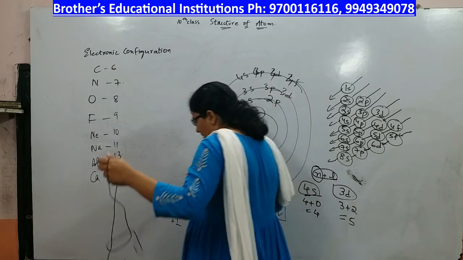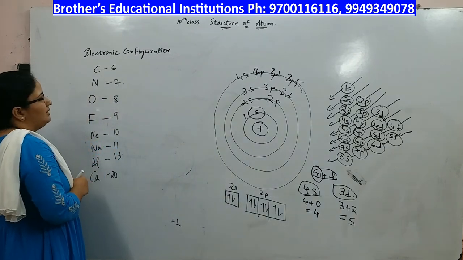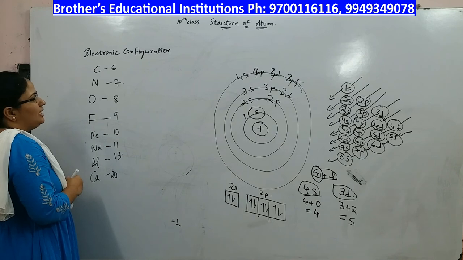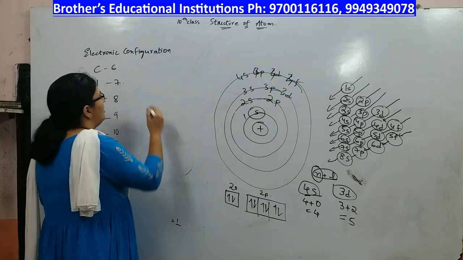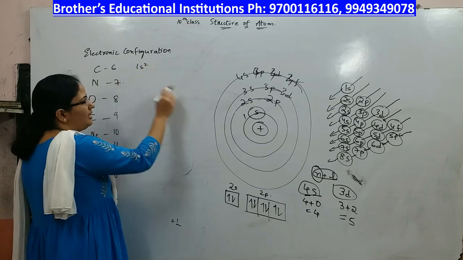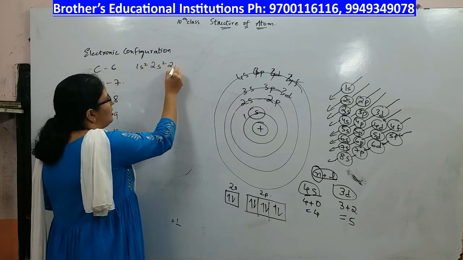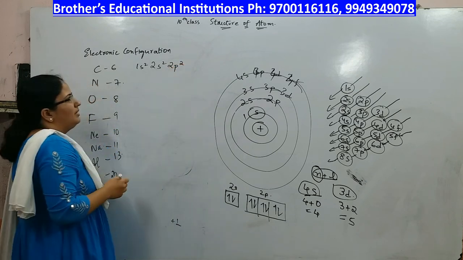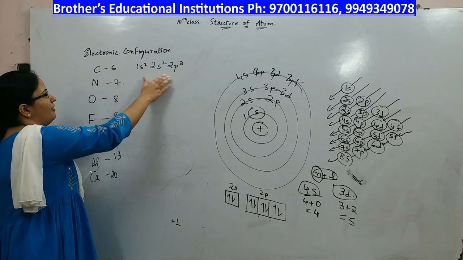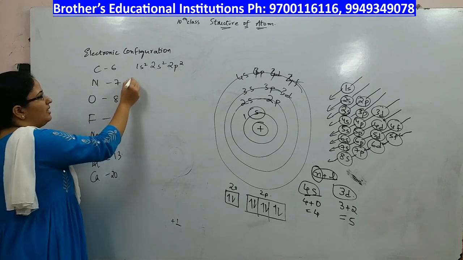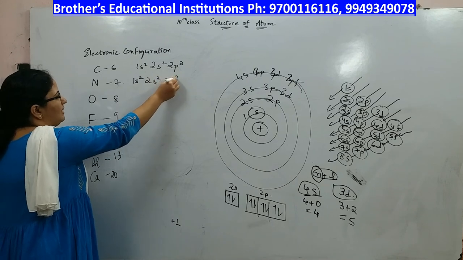Now, if you take carbon, it has 6 electrons. The first 2 electrons will be in the first shell, so 1s2. The next electrons go to 2s, 2s2, and the next 2 electrons will be in the p subshell, that is 2p2. This is the electronic configuration of carbon. Next for nitrogen, 1s2, 2s2, 2p3.